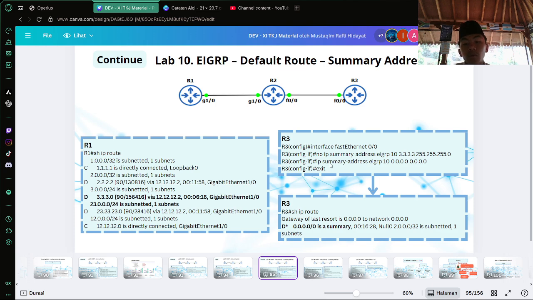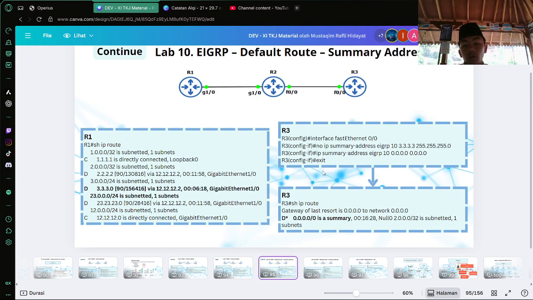Then you make the IP summary default route. In the default route, you just enter 0.0.0.0 IP address and subnet 0.0.0.0 and exit, and you can show ip route. You can see the gateway of last resort is 0.0.0.0 to network 0.0.0.0, and here you can see 0.0.0.0 prefix 0 is a summary.